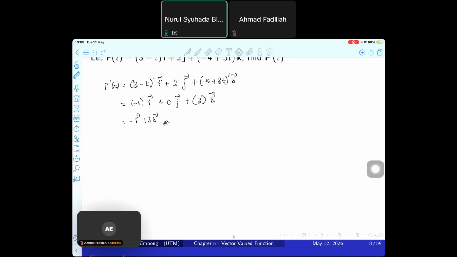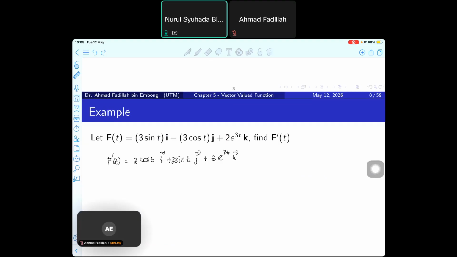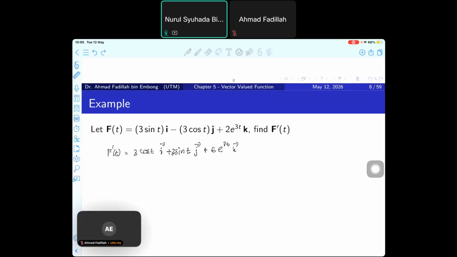Okay, so the key point that you have to understand here is that to find the derivative of a vector, you just need to find the derivative of each of the components, i, j, and k. Here is the same kind of example. To find f prime of t, the derivative of 3 sine t is equal to 3 cos t.